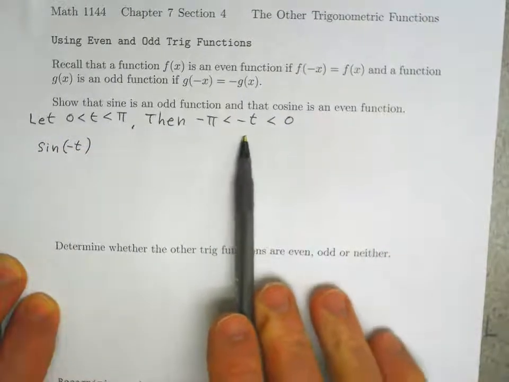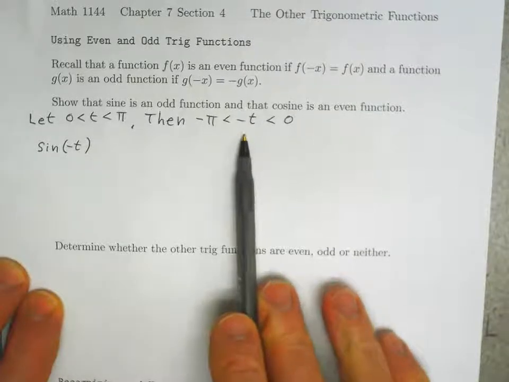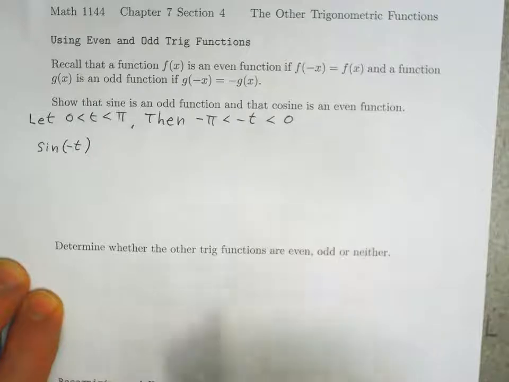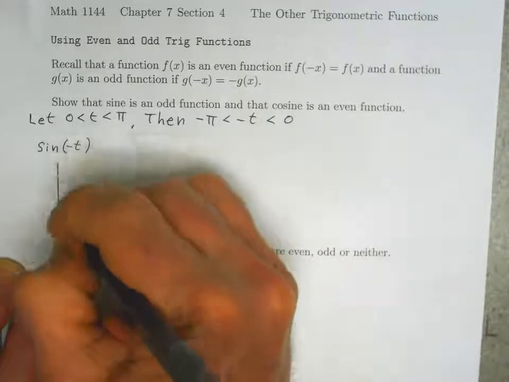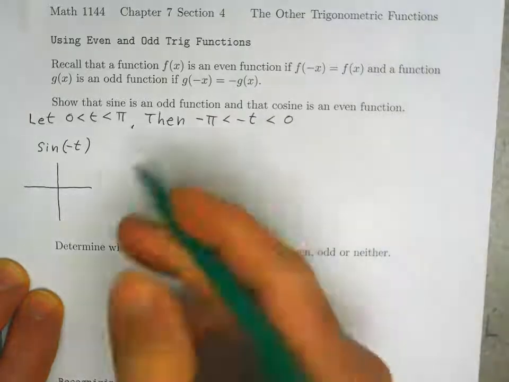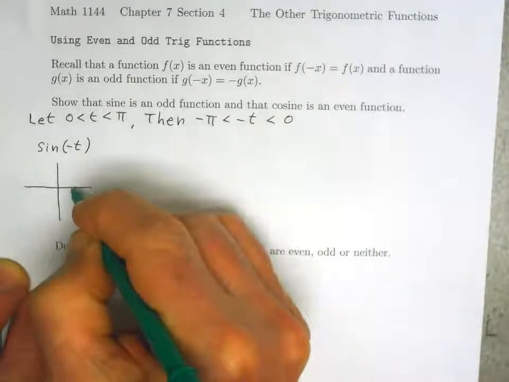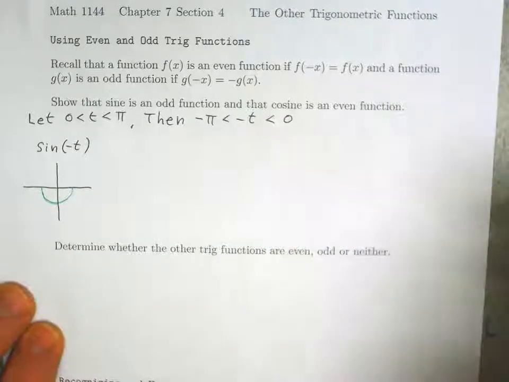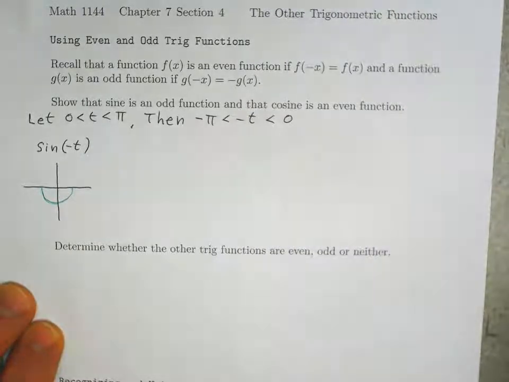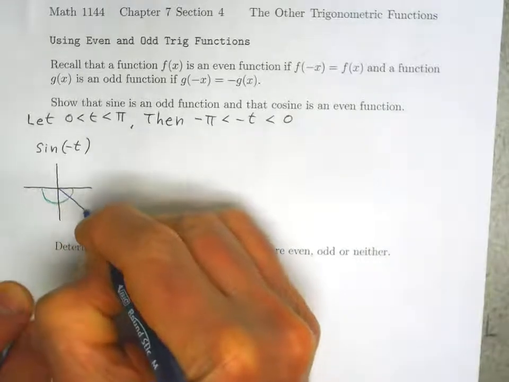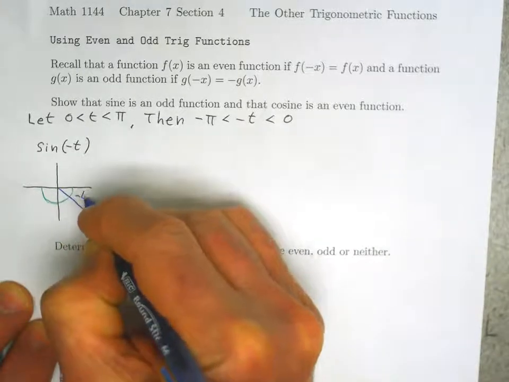Okay, so if negative t is between negative pi and 0, so that's the third and fourth quadrants. So I'll just sketch in one possible place that we could get negative t.